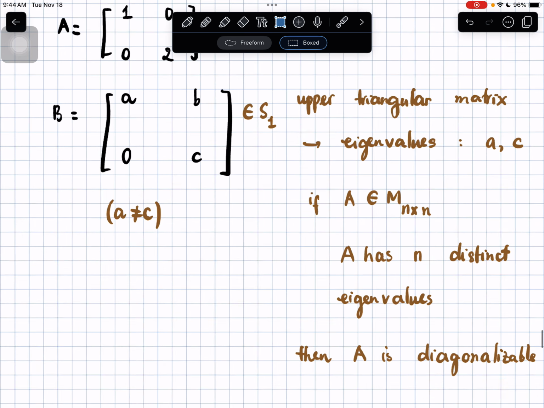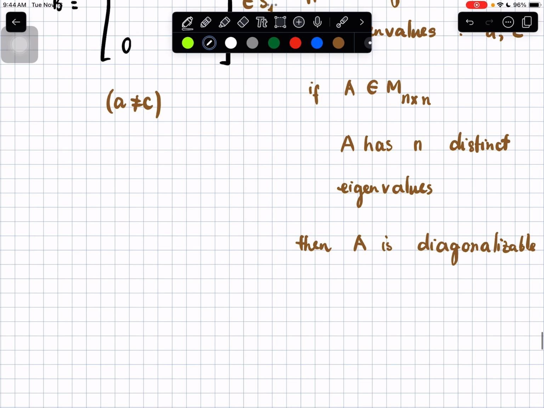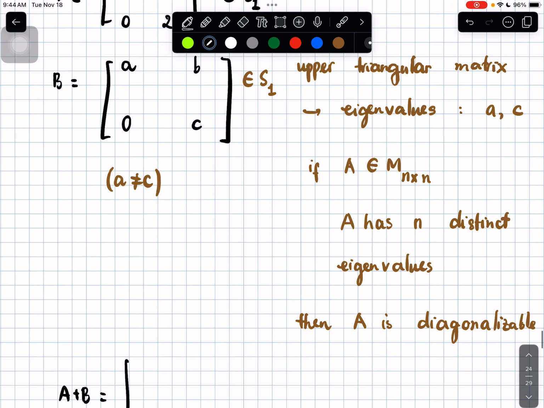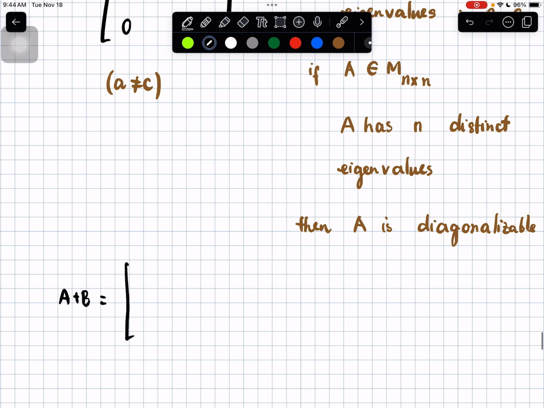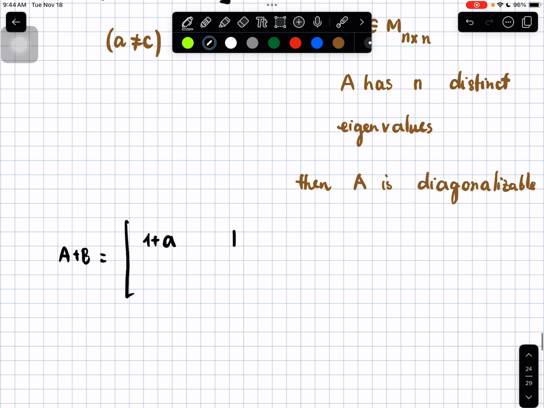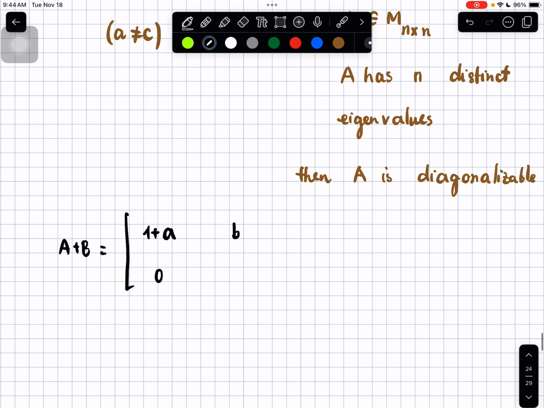Now, A and B are both in S1. And we want A plus B to not be in S1. A plus B is the sum of the two matrices, with diagonal entries 1 plus A, 0 plus B, 0 plus 0, 2 plus C. We want this matrix to be not diagonalizable, so not in S1.